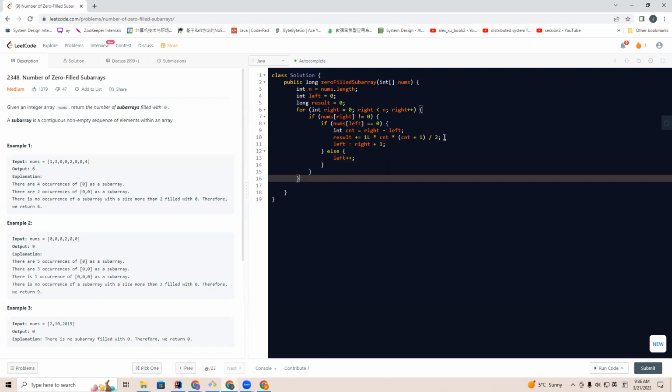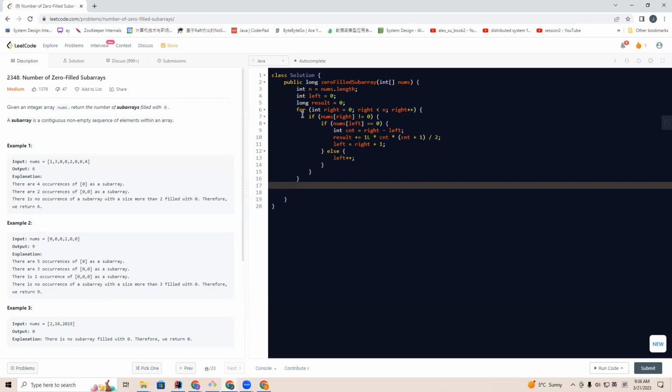When we finish this loop, there is one scenario: there may be some zeros at the end. In that case, the left will be behind the right pointer.